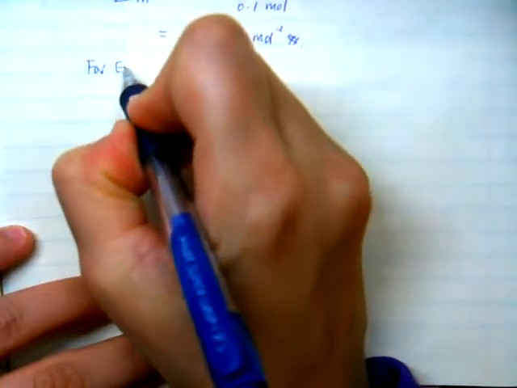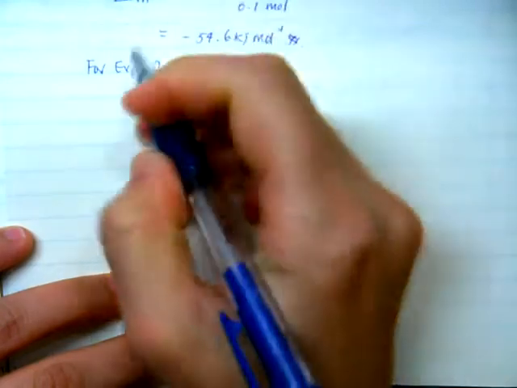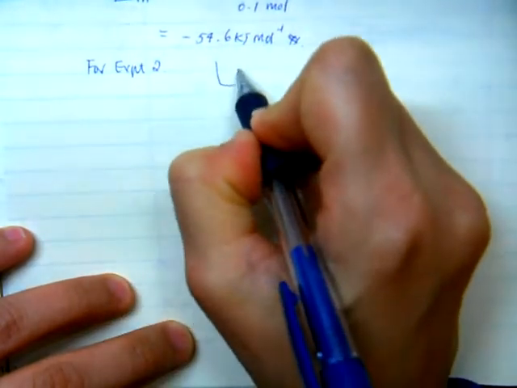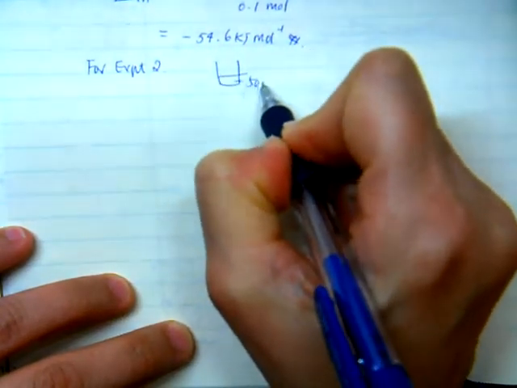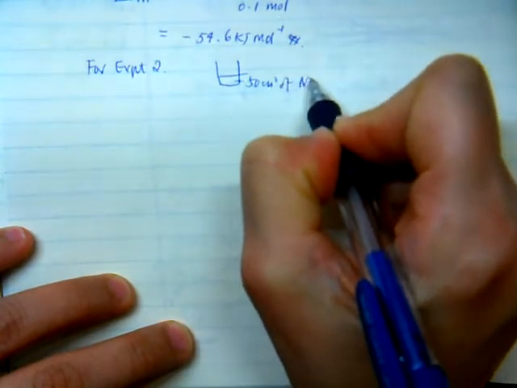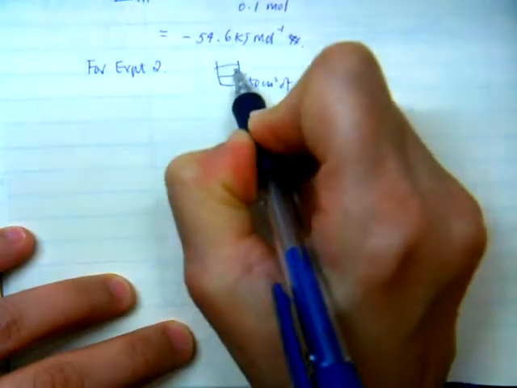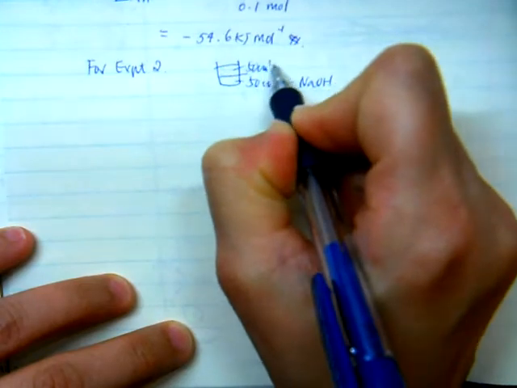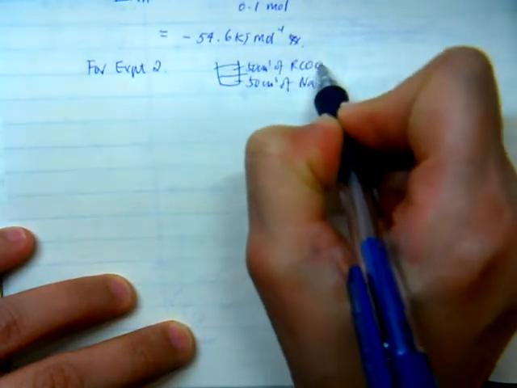Next, for experiment 2, use the same argument. We have 50 cm³ of NaOH and 50 cm³ of a weak acid.